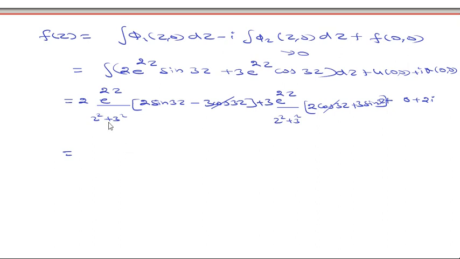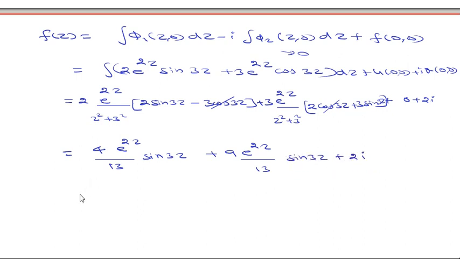So therefore we have 4 e power 2z divided by 13 sin 3z plus 9 e power 2z divided by 13 sin 3z plus 2y.